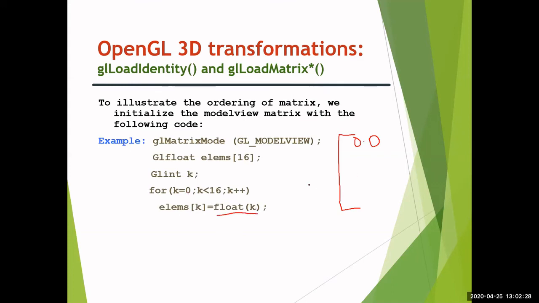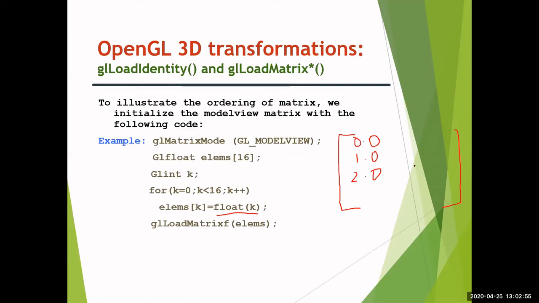Increment, go back, elements of 1 will have the value 1.0. Fine. Element of 2 will have 2.0. So like this is the value. It's a simple way that I'm storing the 16 array position in the 4x4 matrix.